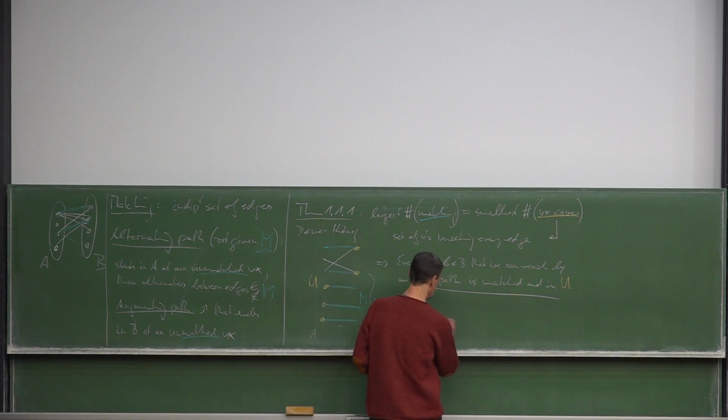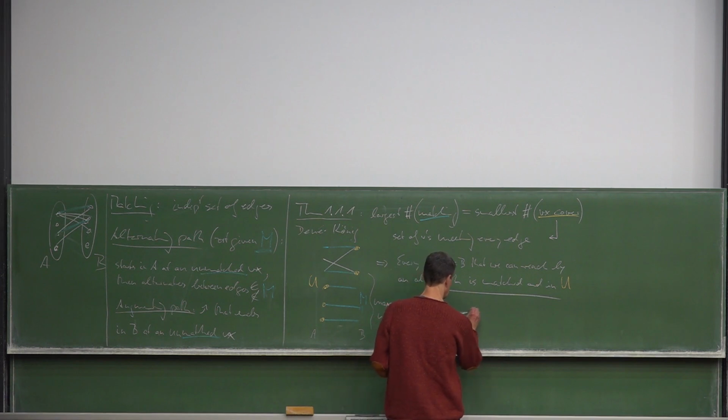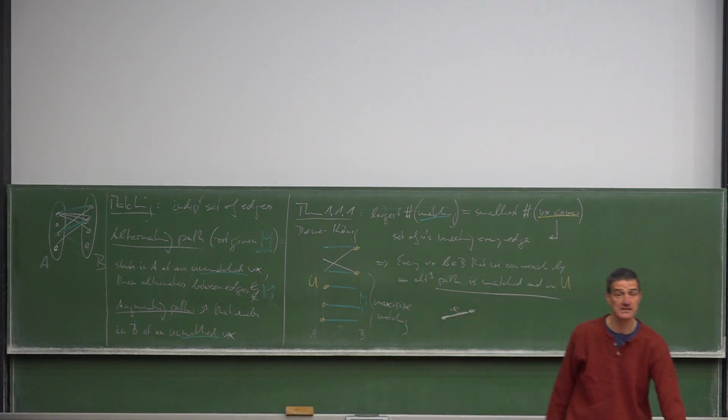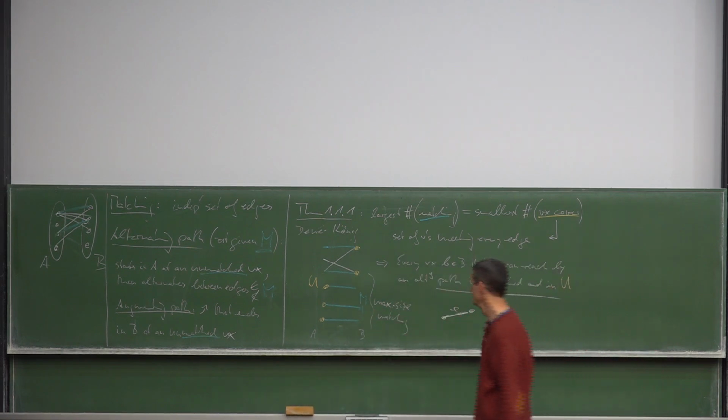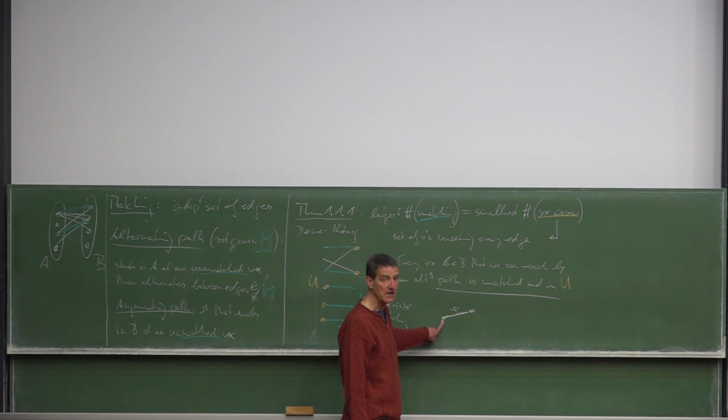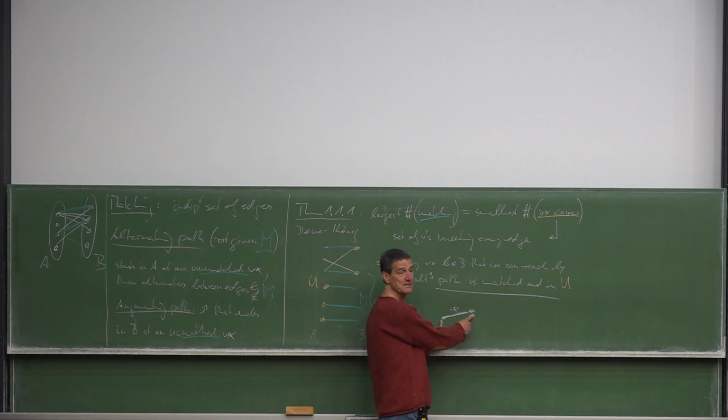Suppose we have an edge of G, and we want to show that it's covered by U. Well, if the left vertex is unmatched, then this little path is an alternating path.